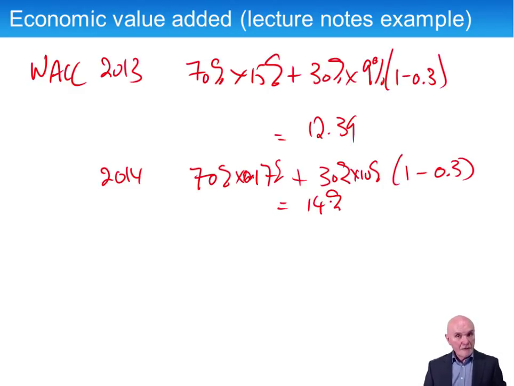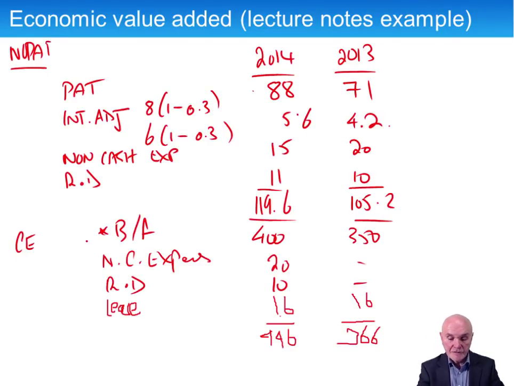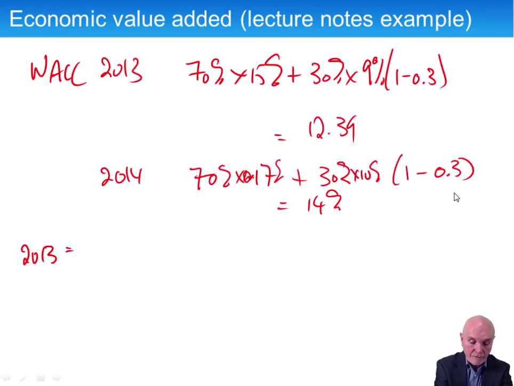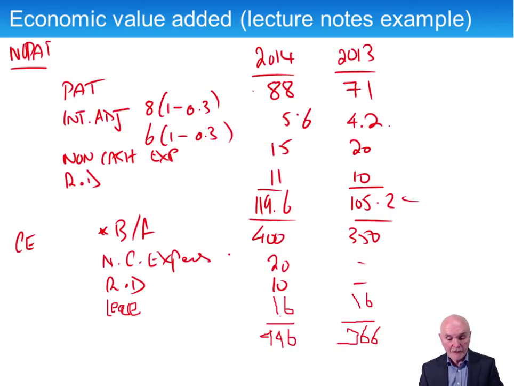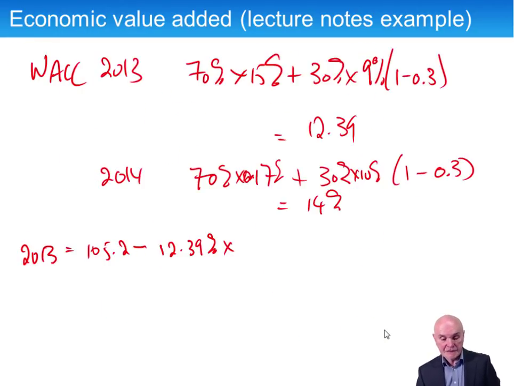So the economic value added for the two periods, 2013, it's going to be the NOPAT figure which we got back here, and in 2013 the NOPAT figure was in here, 105.2 minus 12.39% times the capital employed. And the capital employed we got to for 2013 was this rather badly written 366.